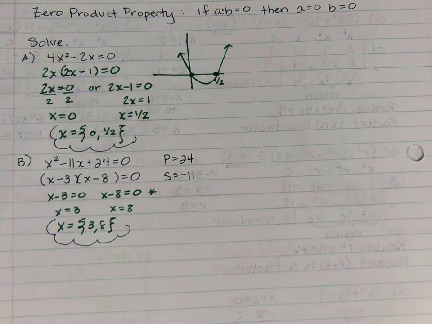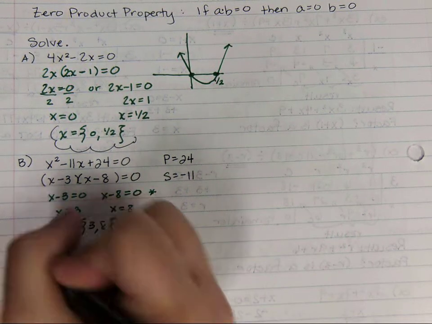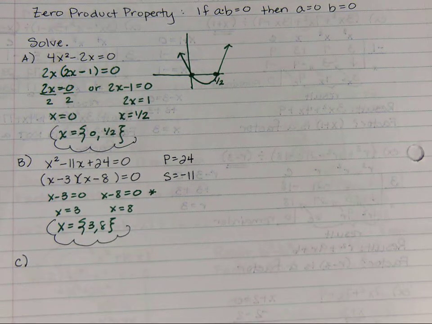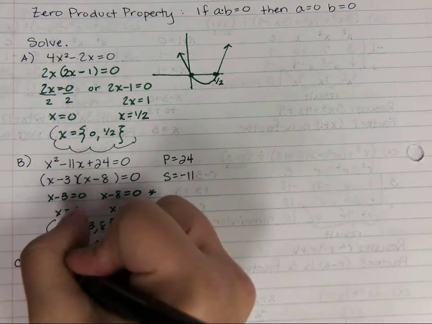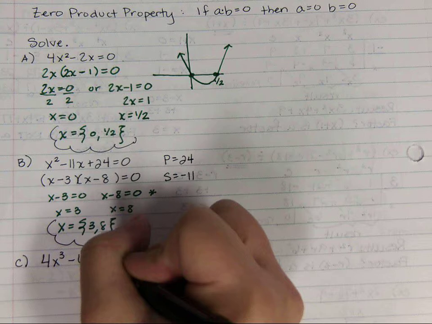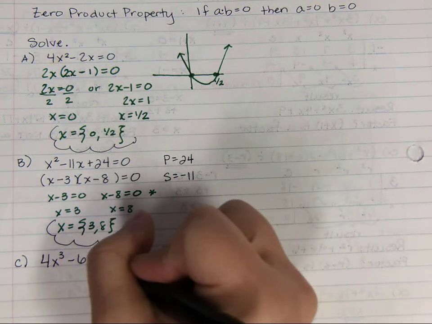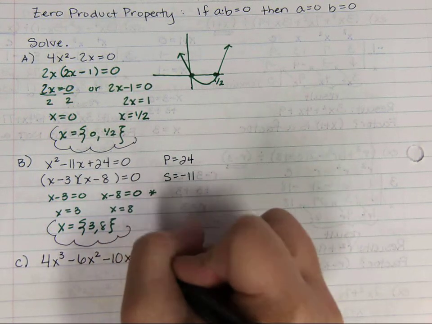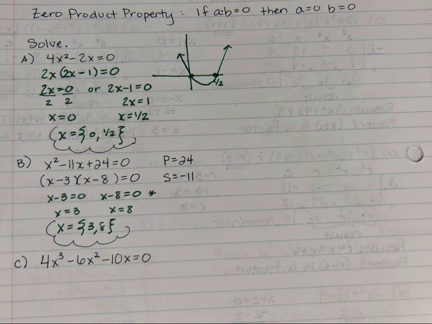So you get some ones where it's almost identical to your exam that you did before. All right, for example, 4x cubed minus 6x squared minus 10x equals 0.